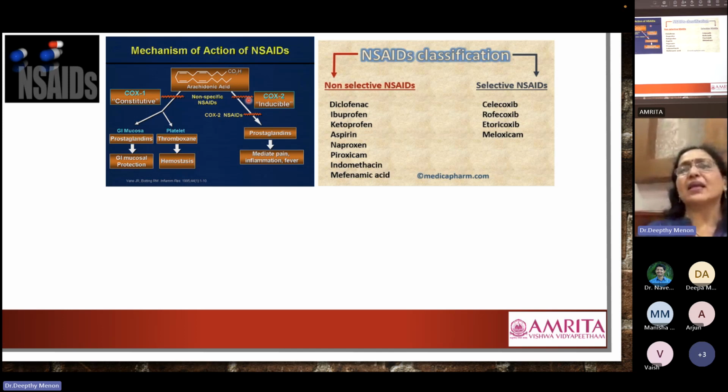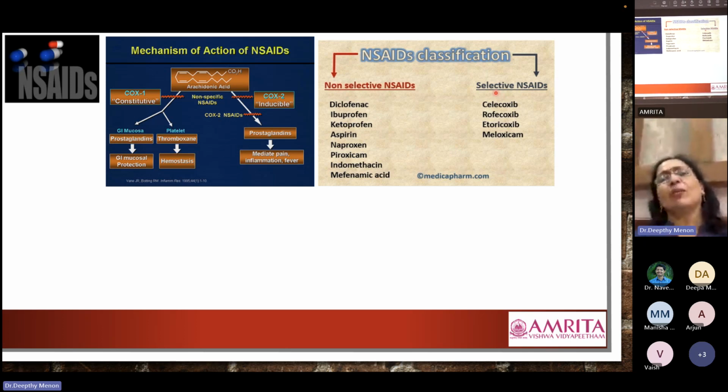Basically, NSAIDs are COX-2 inhibitors. I'm not getting into the biology. You can see there are two classes of NSAIDs, non-selective and selective. Selective, of course, will be much more effective. But most commonly used are non-selective NSAIDs, such as diclofenac, ibuprofen, ketoprofen, aspirin.